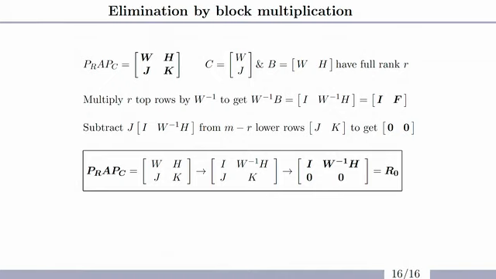W H J K, that's the matrix I'm starting with. I'm going to invert W, and I know that J K is some combination of W H. So when I invert W, elimination produces a first row starting with the identity. And when I apply that to the second row, the J K row, those go to 0.